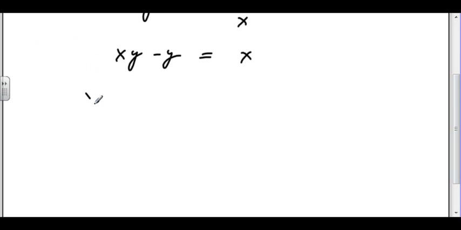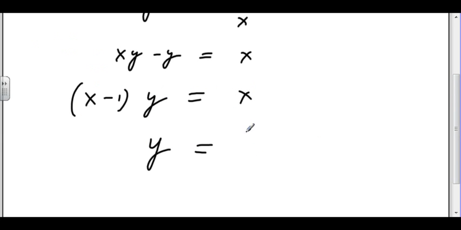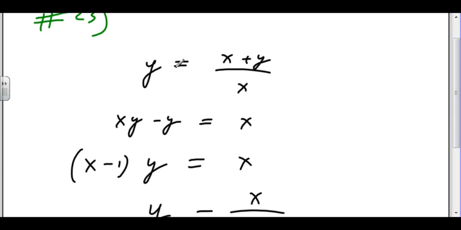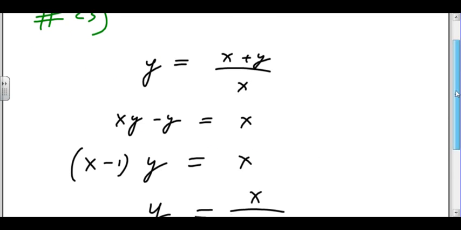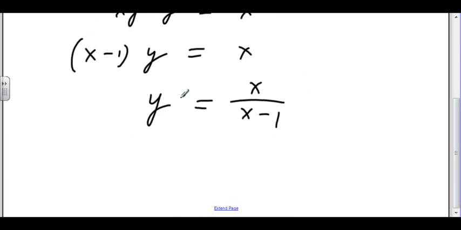I've got x minus 1 times y is equal to x. And I've got y is equal to x divided by x minus 1. Okay, so now I've got something. Instead of having the y on both sides of the equation, now I have only x's on one side and the y on the other side. And now my 8th grade math instructor would be happy that I did the problem right.